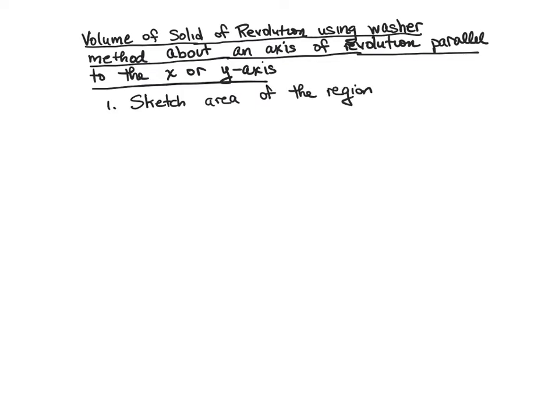This is very important. Label the functions, intersection points, and your x and y axes. Because we can't tell which one is the axis of revolution and which one's the x or y axis unless we label them clearly.